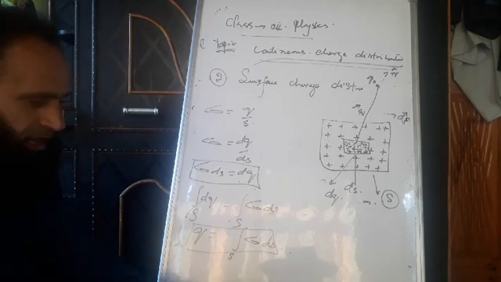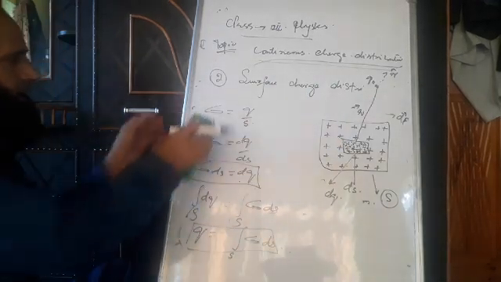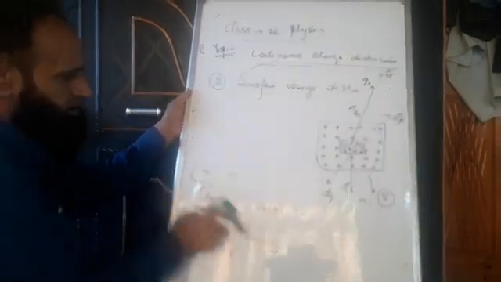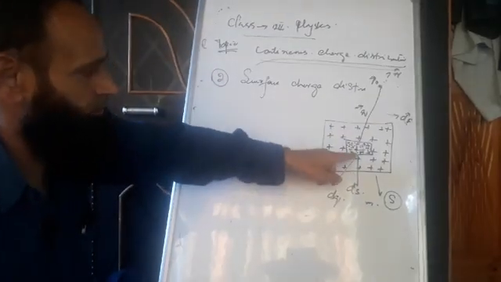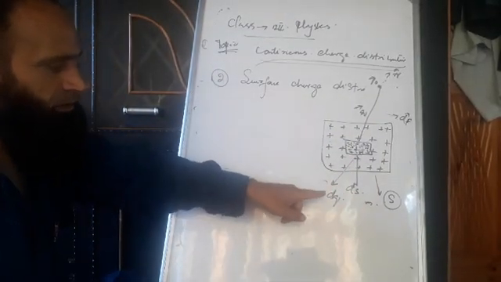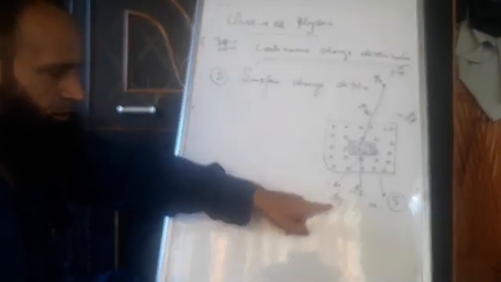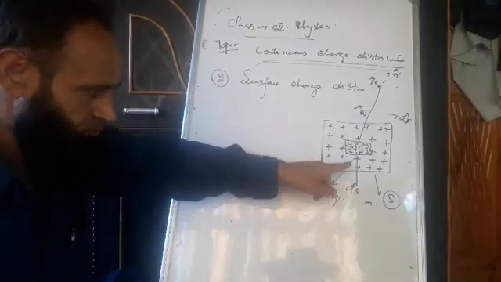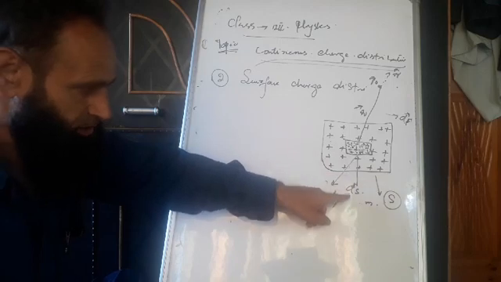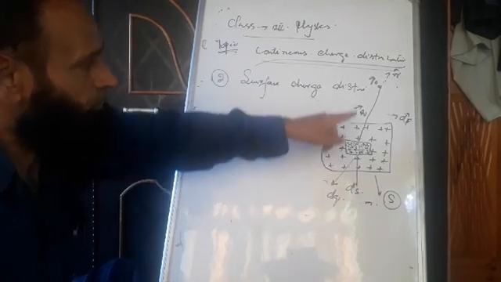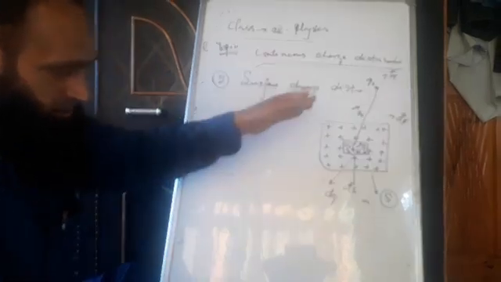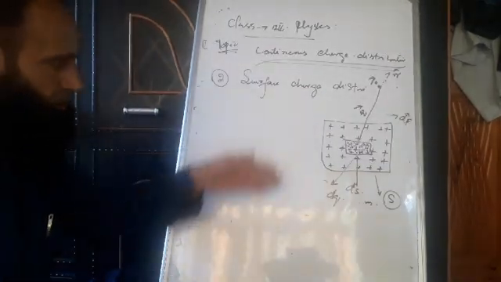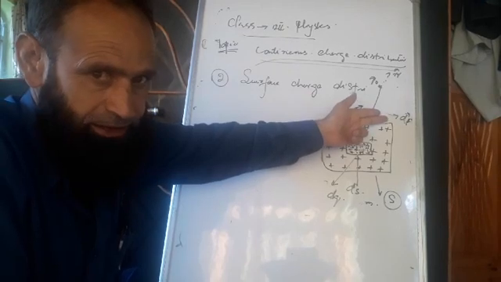There would be a force of interaction between this charge element dq on the surface element ds and Q naught. That force we show as df.